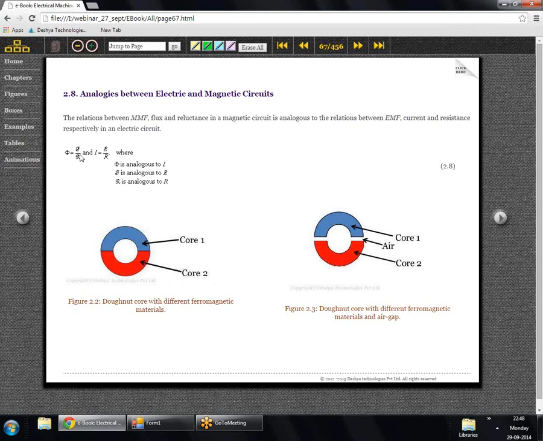The flux is equal to MMF divided by the reluctance, as shown in the first part of equation 2.8. If we look at these two equations, we can see that flux is analogous to current, MMF is analogous to EMF, and reluctance is analogous to resistance.